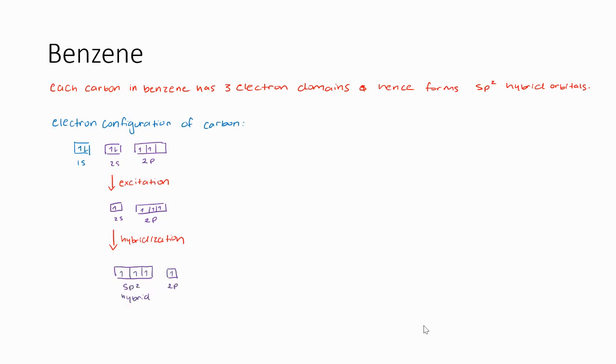After hybridization, we're going to get sp2 hybrid, and we'll have 3 of those orbitals, and we'll have 1 2p orbital remaining. Now, each carbon has a remaining p orbital electron, which allows us to form the pi bonds in benzene, and there will be 3 of these.